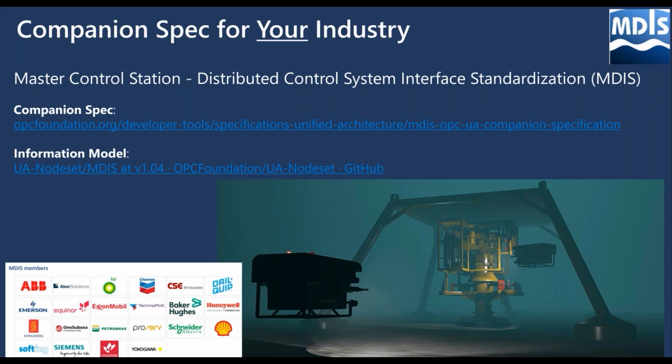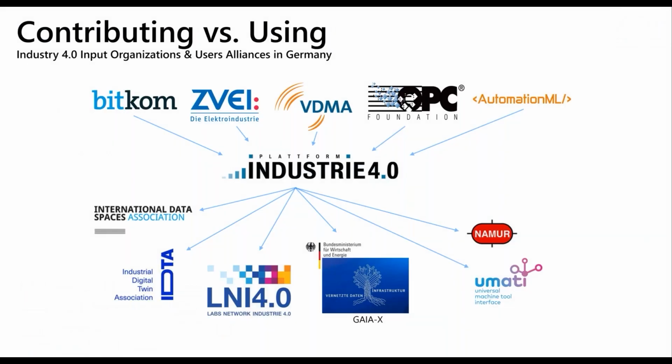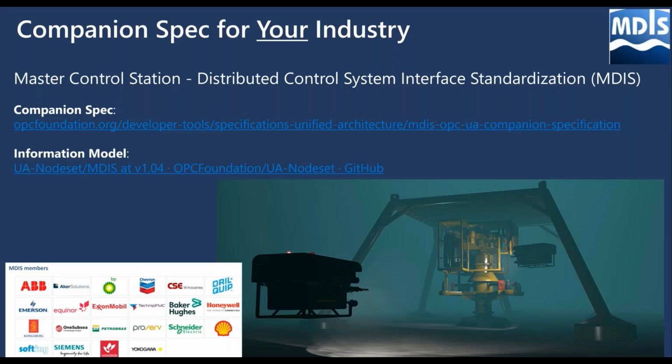In fact, we're pumping CO2 through that master control station underground, secured, stored permanently underground, in the rock formations on the bottom of the ocean. And as you can see, many companies are involved in the MDIS standard, and with a multi-company project like Northern Lights, it's super important to actually base the solution on open standards, so you have that built-in interoperability.